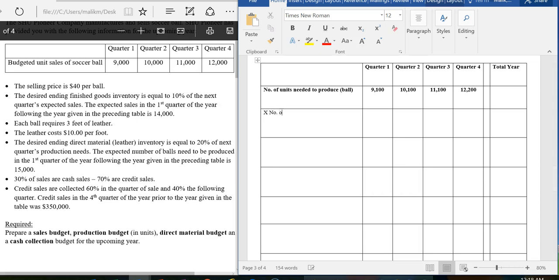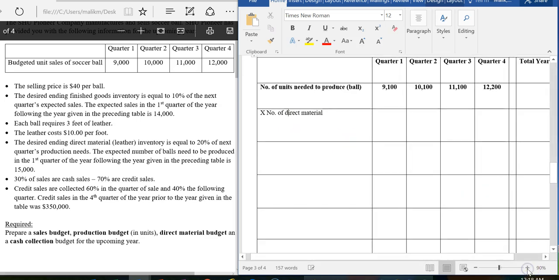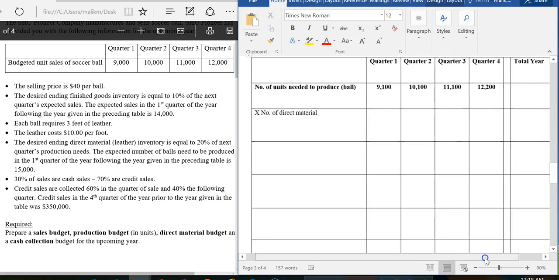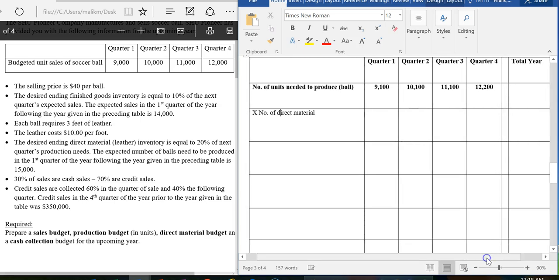Amount of direct material, and in this case it's leather. Let's zoom in a little bit so that you can see better. I can scroll up and down.